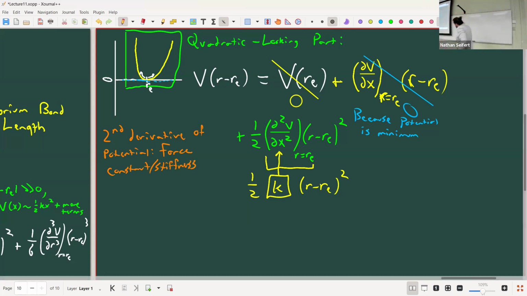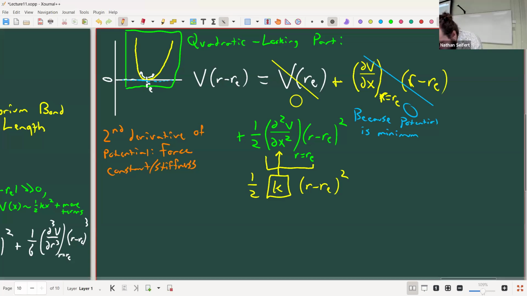So that's the harmonic term. What we've done is we started from the beginning. We just assumed a generic function that has the potential of 0 at its equilibrium point. It's a minimum at its equilibrium point. And because it's a minimum, the second derivative has to be positive. Some positive value, and that value is k, just by comparison. If the system starts to deviate beyond this local region, starts to become anharmonic, those all appear in terms that are larger than x squared.